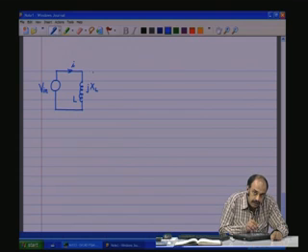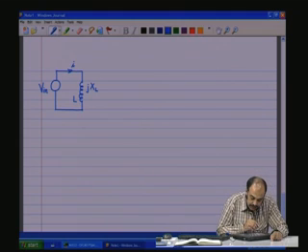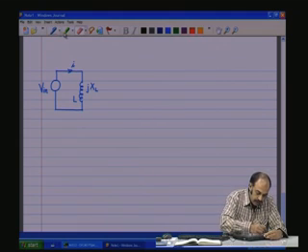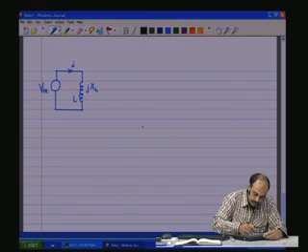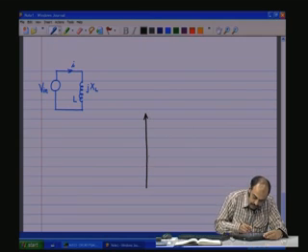So, the voltage is going to be ahead by 90 degrees with respect to the current, or in other words, the current is lagging the voltage. So, this is what would happen in the case of the inductive circuit.